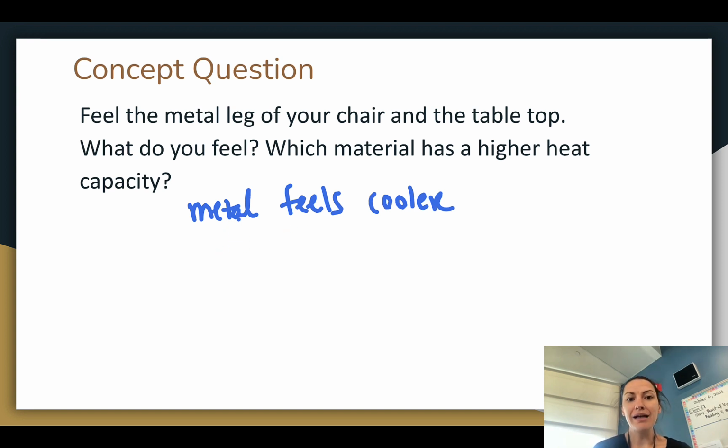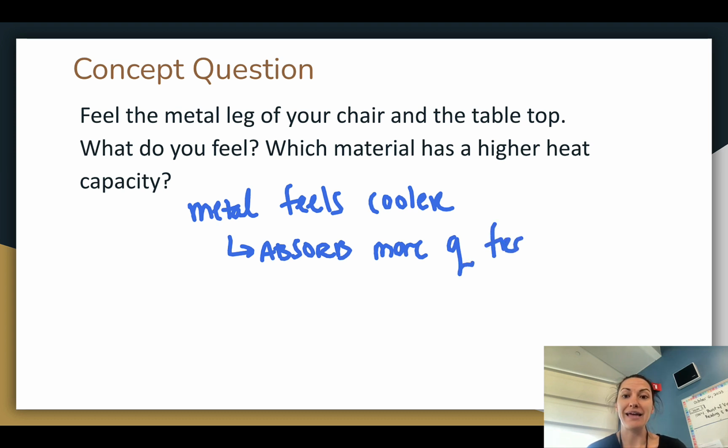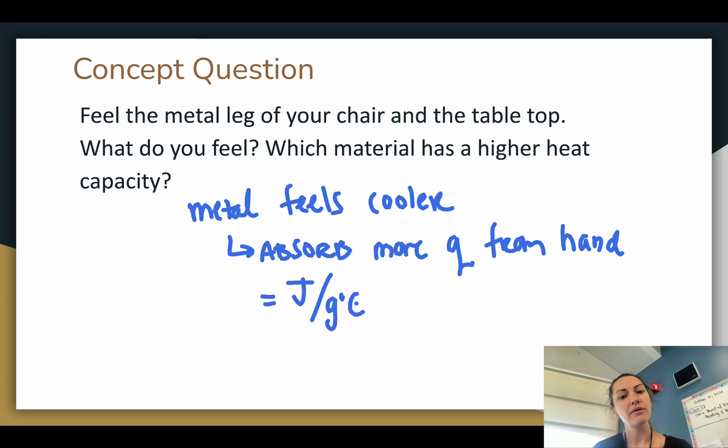Because the metal feels cooler, it must be absorbing more energy from my hand than the surface of the desk. That tells us that it's absorbing more heat per gram degree Celsius. So the metal has a higher specific heat than the material of the top of the table.